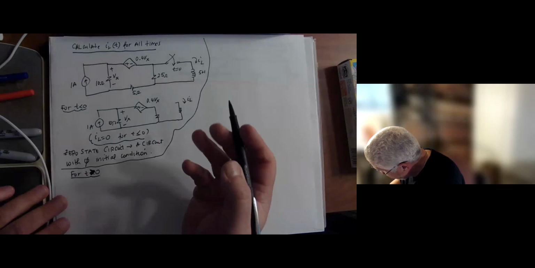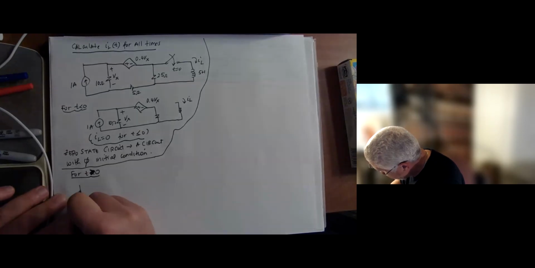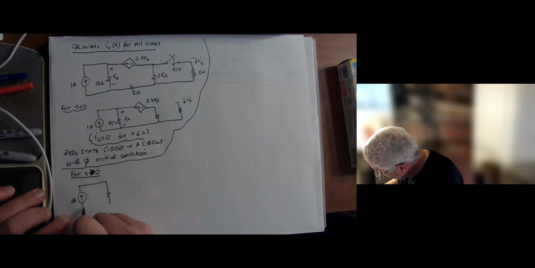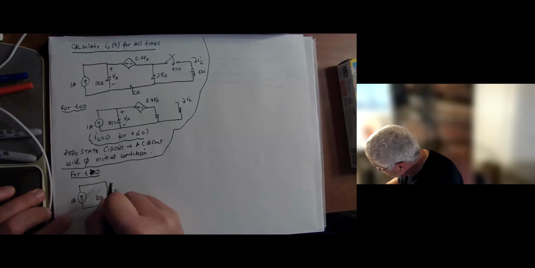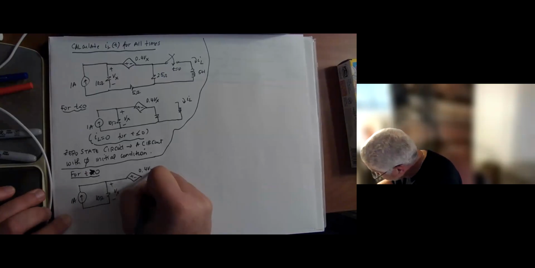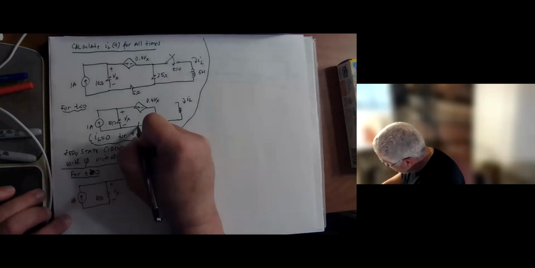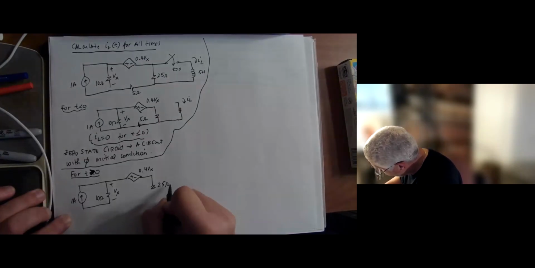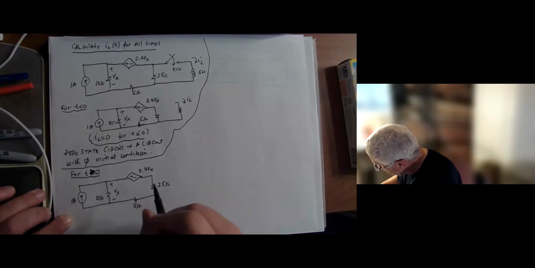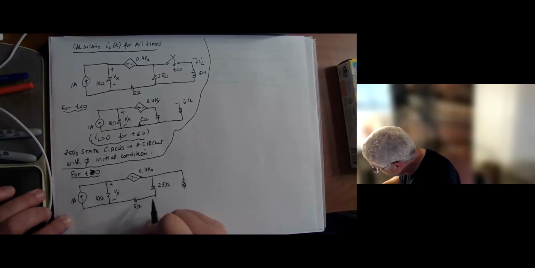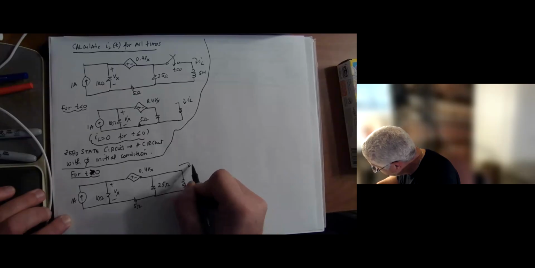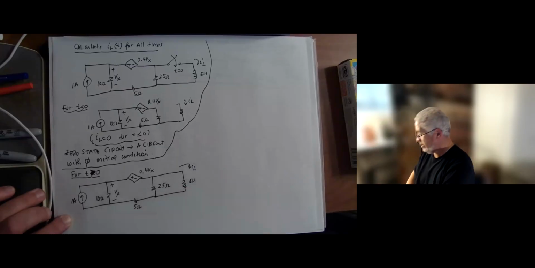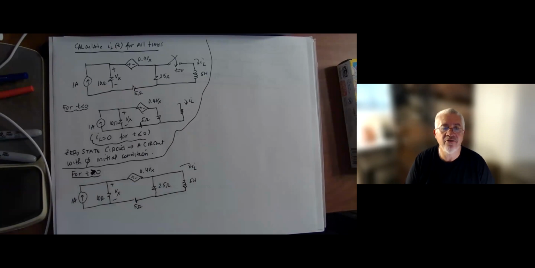We have our 1 amp source, our 10 ohm resistor, Vx is here, our dependent source, which is 0.4 Vx, our 25 ohm resistor (I had missed that resistor here), and our 5 ohm resistor. And then obviously the 5 henry inductor is connected. So that's the circuit we have for t greater than 0.